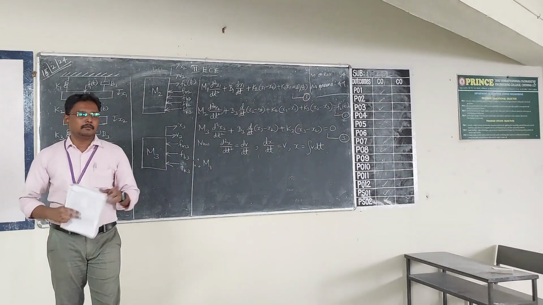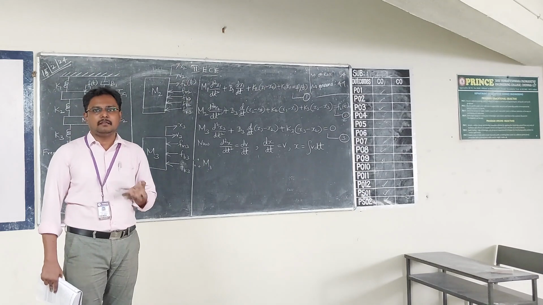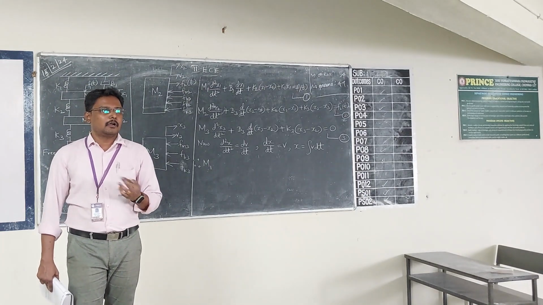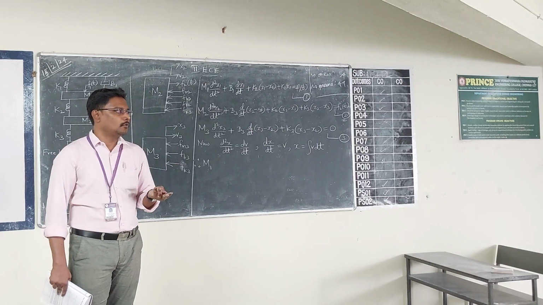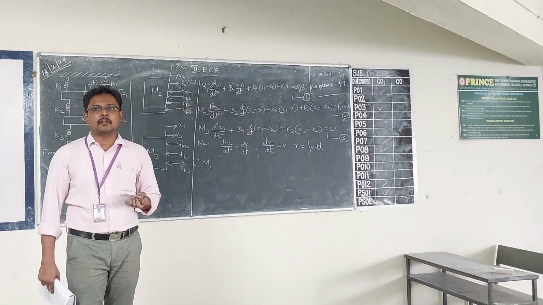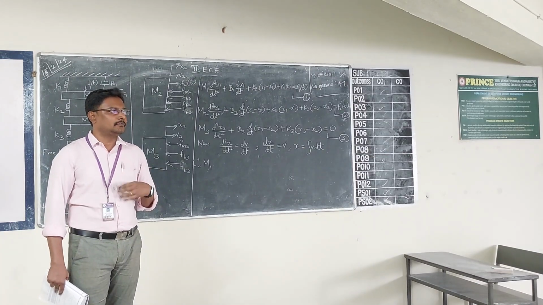Now what are you doing? You are replacing all the displacement values by velocities, because you have to implement the force current and force voltage electrical analogous circuits. So convert all the displacement quantities in terms of the velocities.